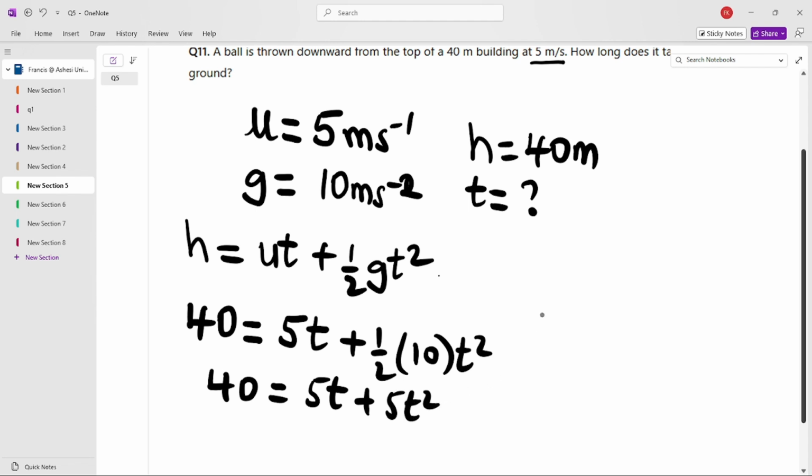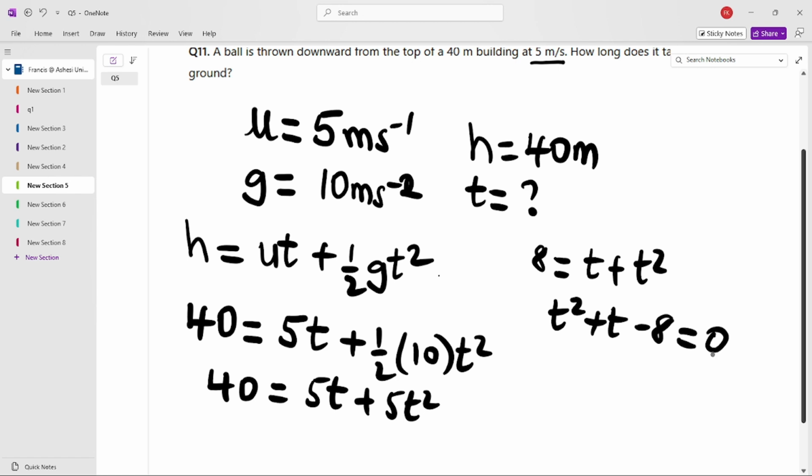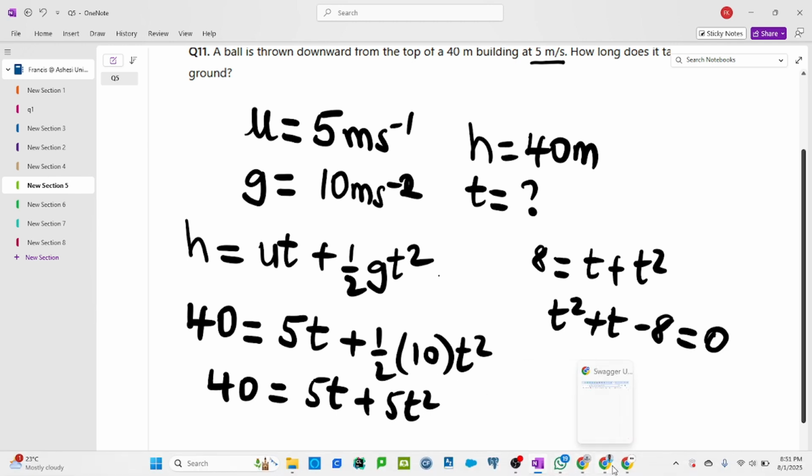We can solve it by hand, right? Divide by 5, you have t plus t squared minus 8 equals 0. So this will be like factorization, right? Yes, sir. Quadratic. We can use the almighty formula or whatever to solve it.